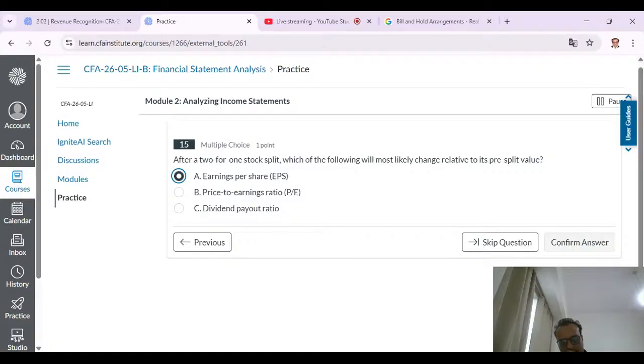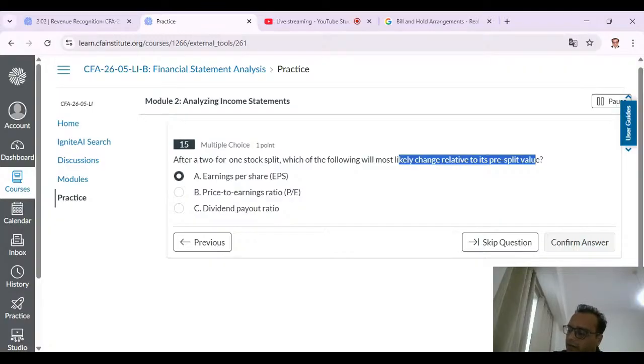Dividend payout ratio, which is more likely to change relative to its pre-split value. Let's say earlier the company had earnings of 10,000 and was giving 10,000 as dividend, and its share capital was also 10,000 shares, but after this it is now 20,000. So the number of shares are now 20,000. So 10,000 divided by, earlier it used to be 10,000 is 1.